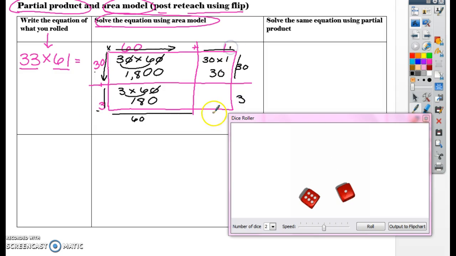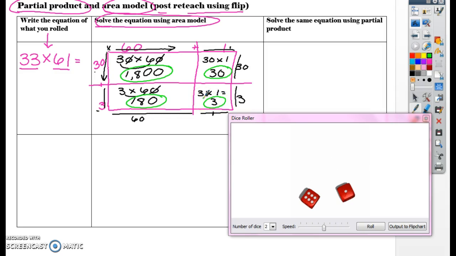If this is 1, this is 1. So we're going to do length times width. 3 times 1 equals 3. Okay? Now I have 4 different products to add together: 1,800, 30, 180, and 3.